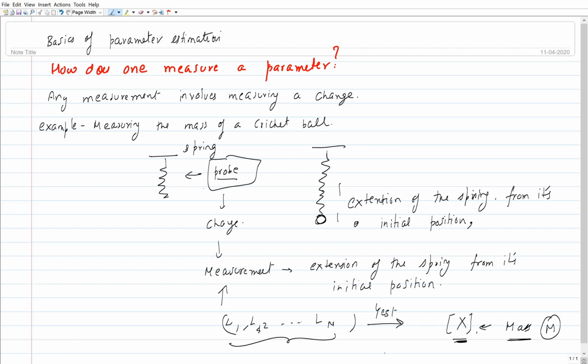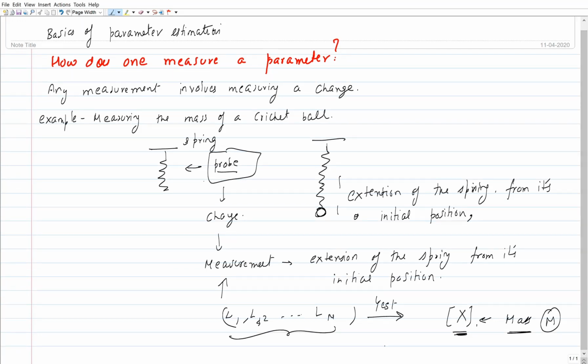So how does one use quantum mechanics? How does one use quantum states for parameter estimation? Well, the idea is simple. One uses the way we used a spring.